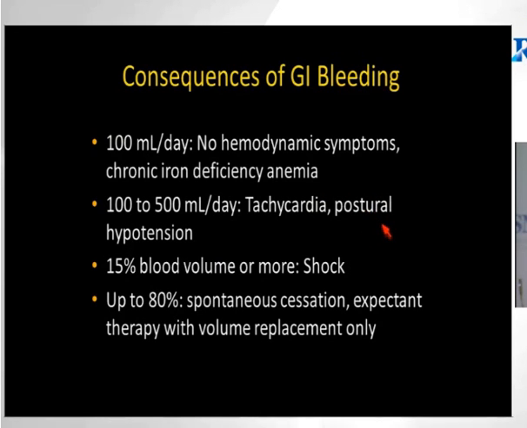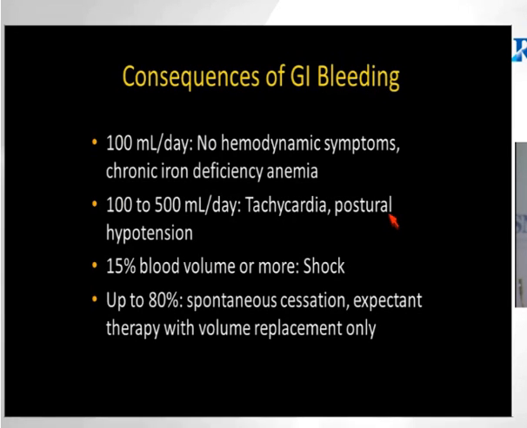The hemodynamic consequences of an acute GI bleed vary depending on the magnitude of the bleed itself. If it is less than 100 cc's per day, typically patients will present with chronic iron deficiency anemia and will not come to the emergency room. As the magnitude increases up to about half a liter per day, patients then become tachycardic and develop postural hypotension.